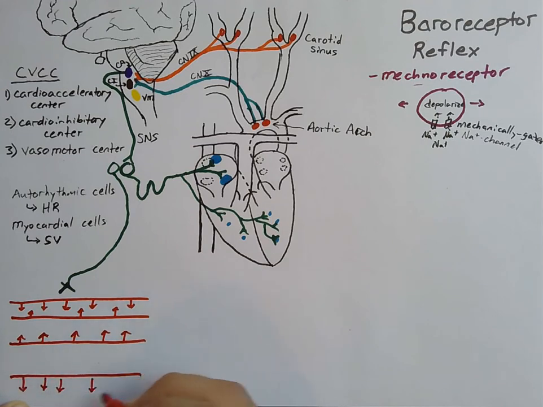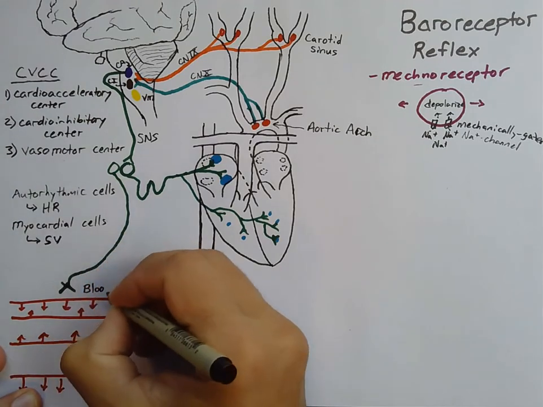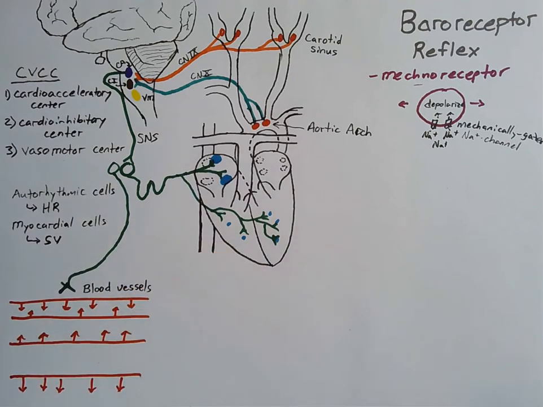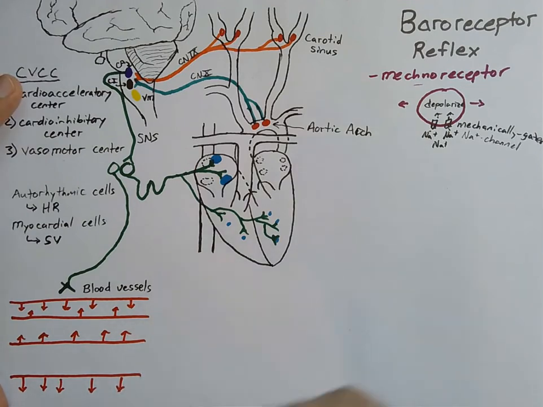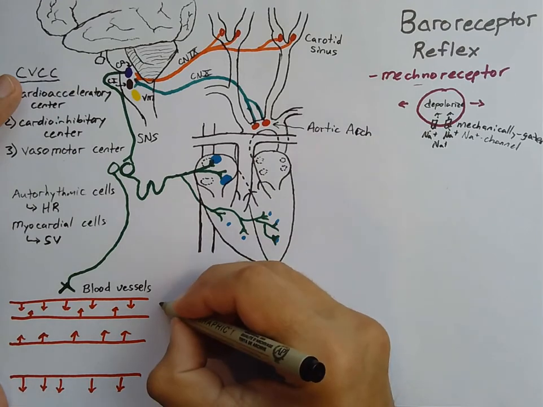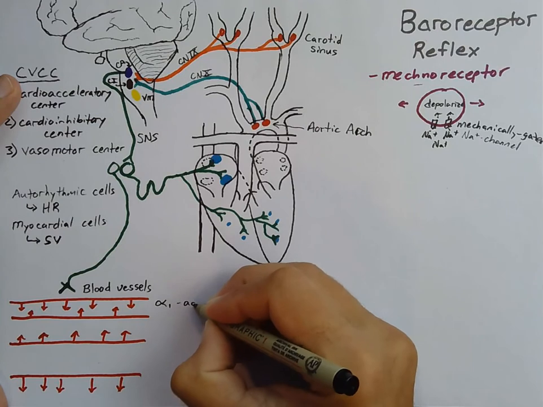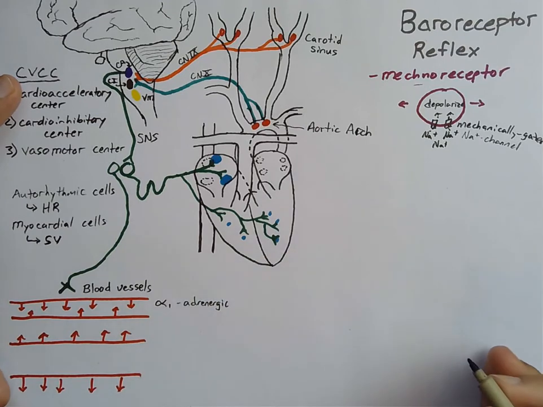All right, so these are going to be blood vessels. Hopefully you guys remember that most of the blood vessels of the human body are covered in alpha-1 adrenergic receptors. And what happens with alpha-1 adrenergic receptors?